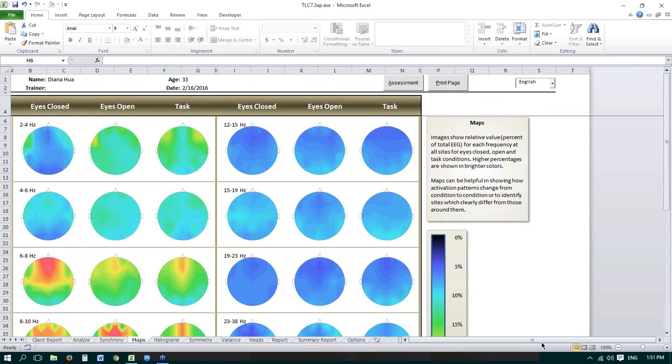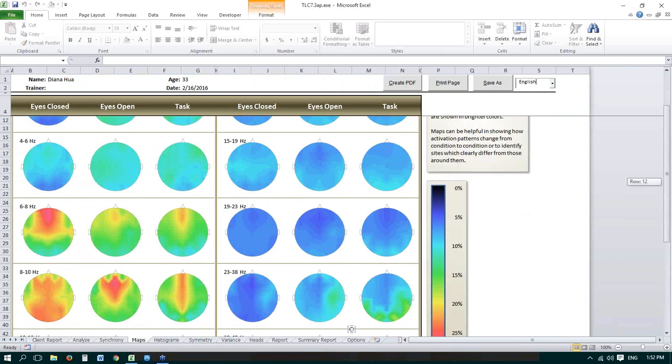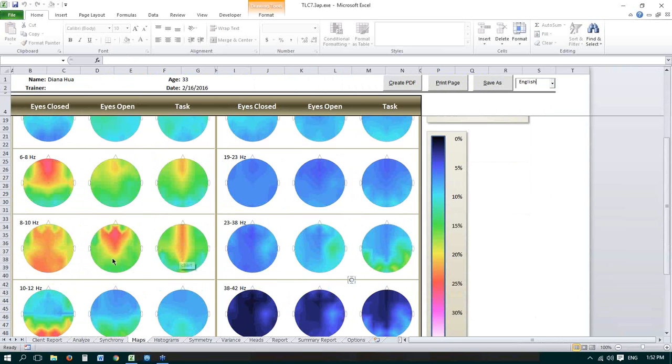The maps page, I can't really resize this because of the little window here, but this basically is very much like the maps that you would see in a QEEG, and we can see in this particular case that this client has a problem with alpha.